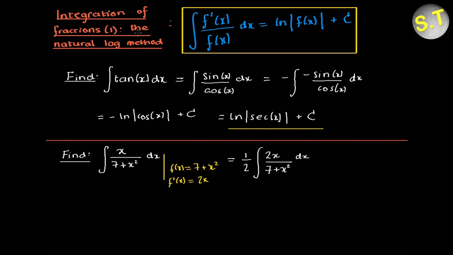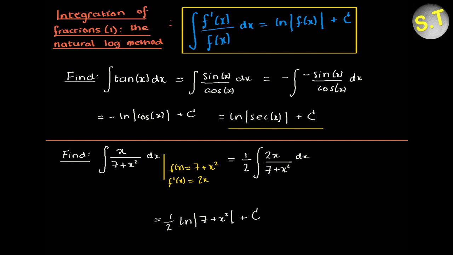However, now we can apply directly our natural log method to give us a solution. So therefore this must be equal to, the half remains where it is, we have the natural log of 7 plus x squared, and as always in an indefinite integral we need a plus constant of integration.